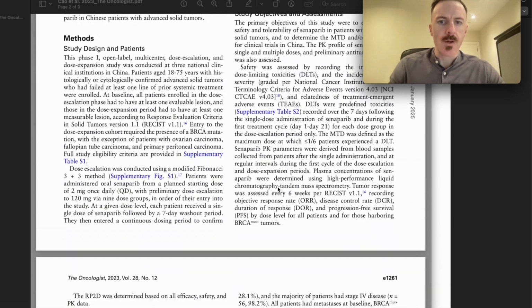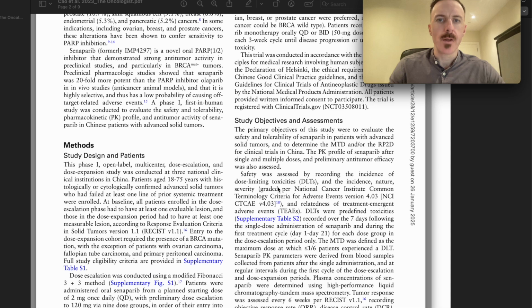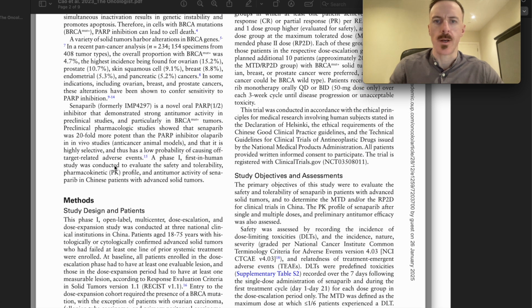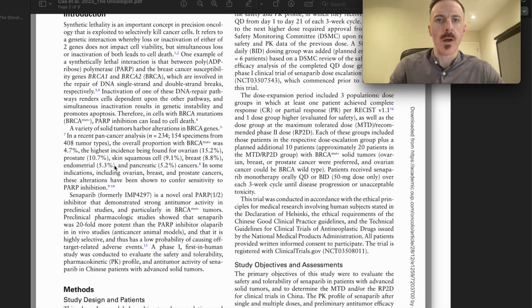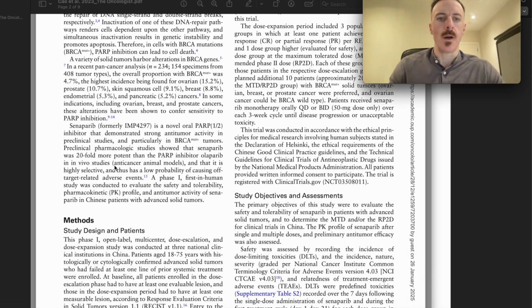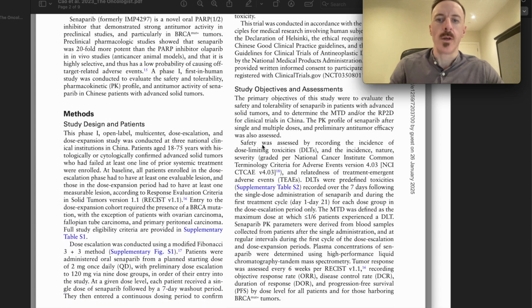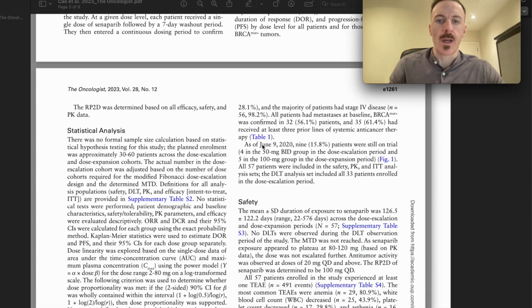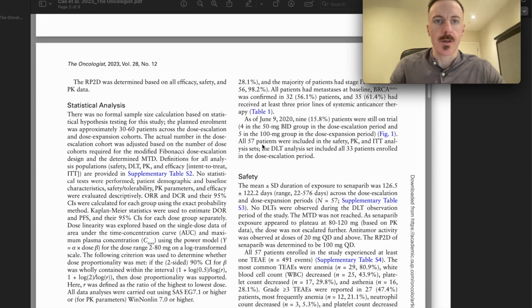Okay, so with respect to the length of a method section, it really is dependent; it's as long as it needs to be. You can see most methods will be broken up into a study design, patients, objectives, and a statistical analysis section.